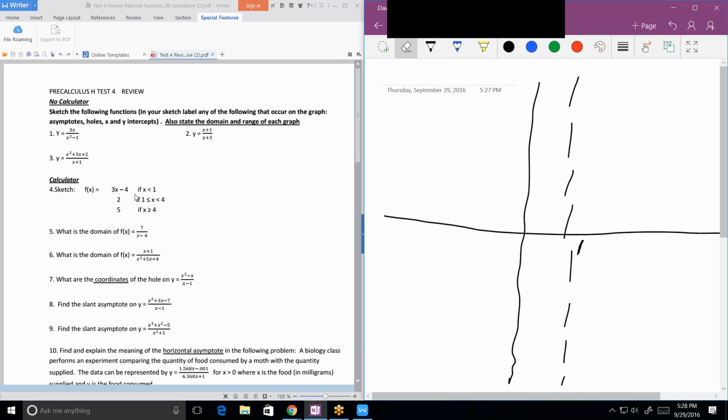How do I graph that? Where do I start? You find the y-intercept is at -4. And it has a slope of 3.